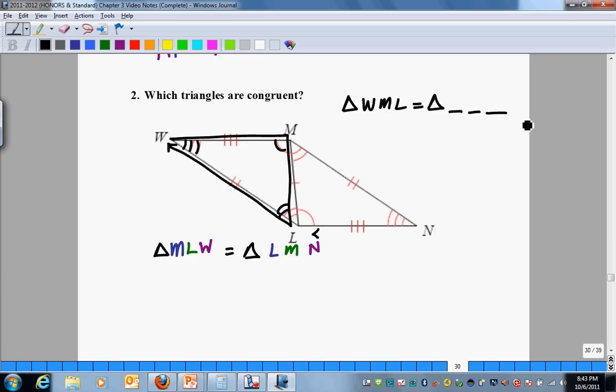Triple, single, double. The triple, single, double would be over here. The triple would be N. The single would be L. The double would be M. So you have to align your vertices because the corresponding parts of congruent triangles are congruent.